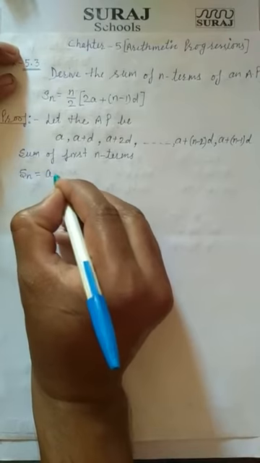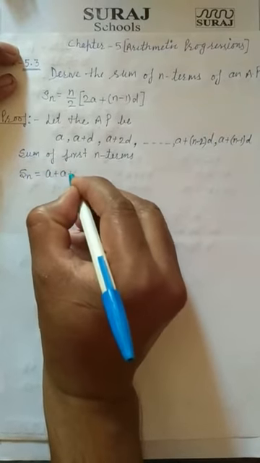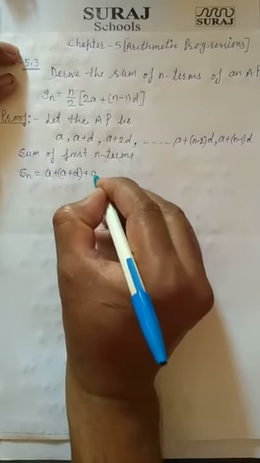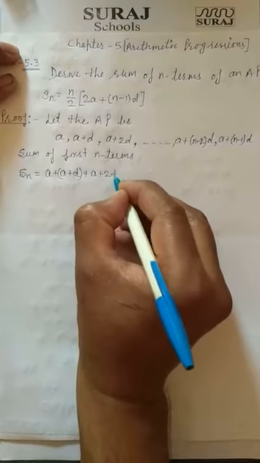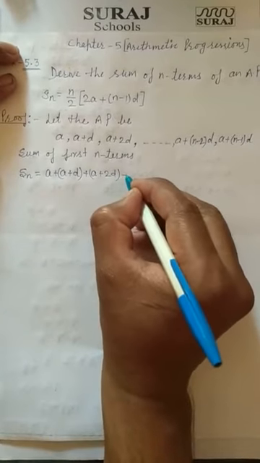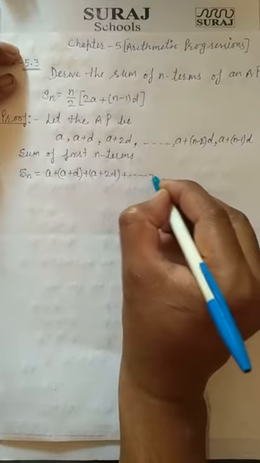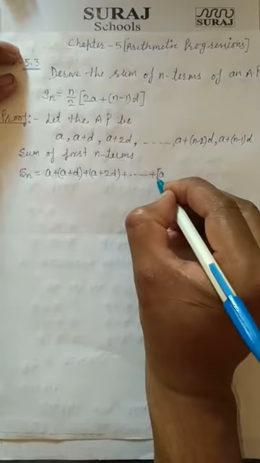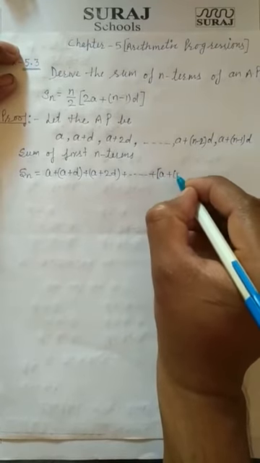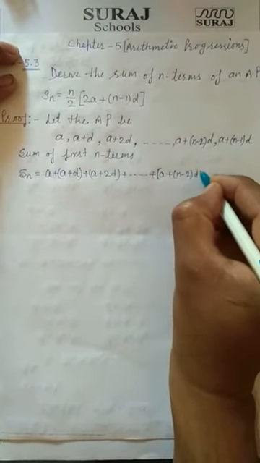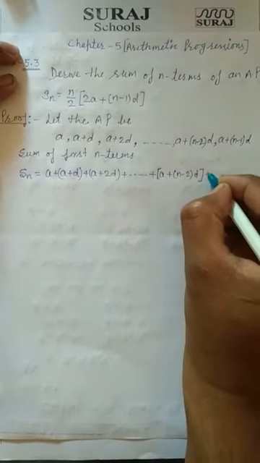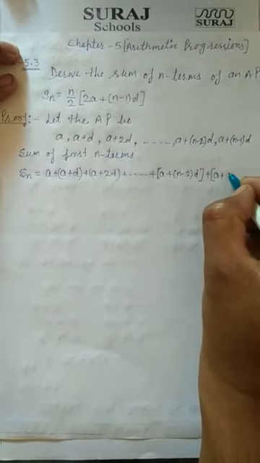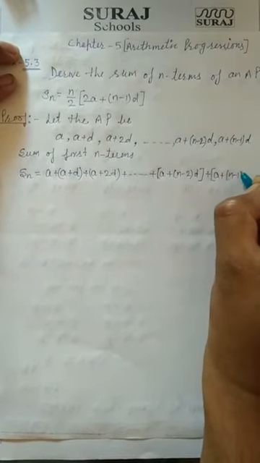So students, Sn is equal to a plus (a plus d) second term, plus (a plus 2d) third term, plus and so on, plus (a plus (n minus 2) into d) plus (a plus (n minus 1) into d).